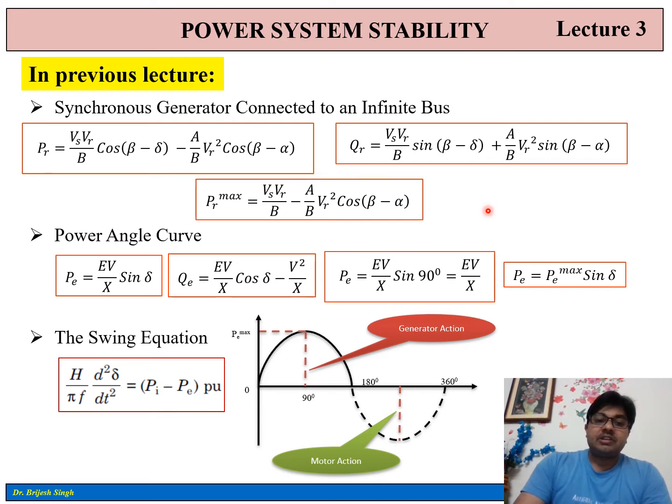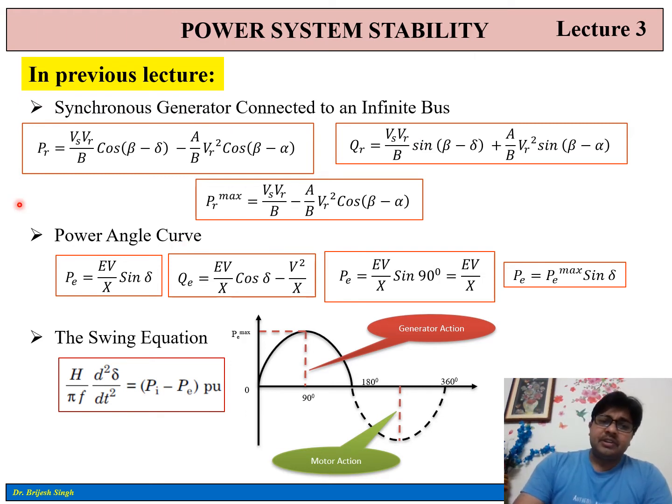If your synchronous generator is connected with an infinite bus or a constant voltage bus, then during the control operation, how much active or reactive power will be injected by that synchronous generator to the infinite bus, or what will be the maximum value of the active power injected by a synchronous generator to the grid, we can analyze on the basis of these three equations.